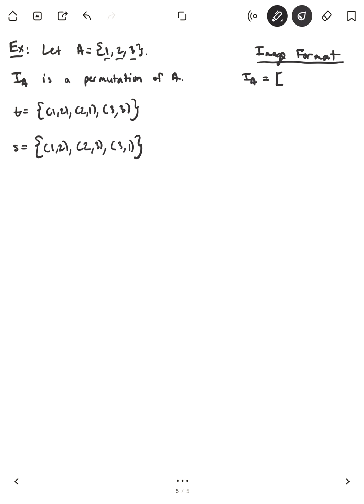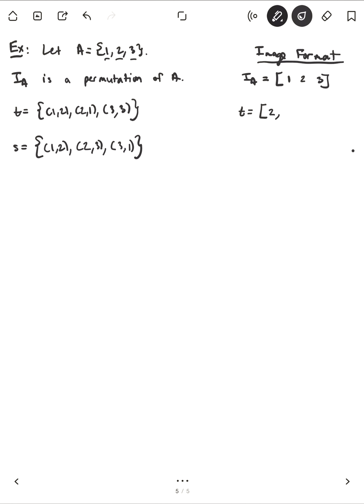And then you ask, what is 1 mapped to under the identity? Well, it's mapped to 1. What is 2 mapped to? 2. What is 3 mapped to? 3. And so if you write this format here, you've actually captured all the information of the identity permuting the set A. The permutation t here, what does 1 get mapped to? 1 gets mapped to 2.